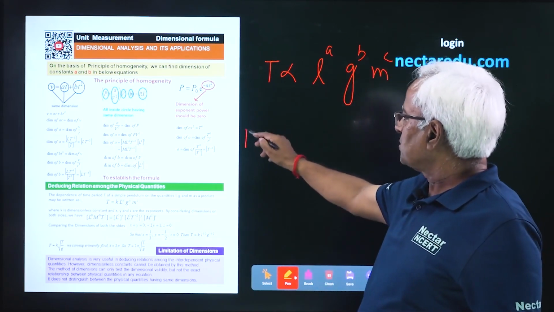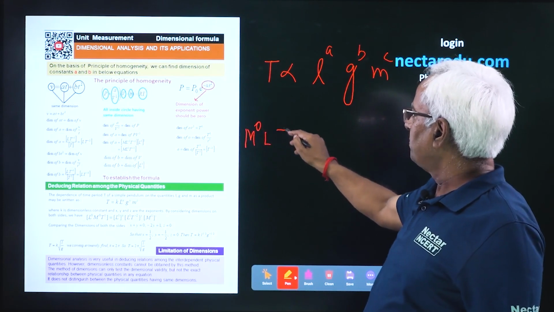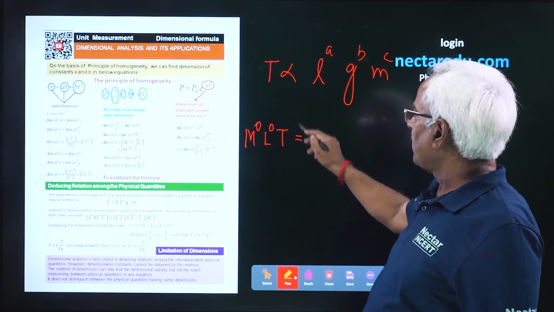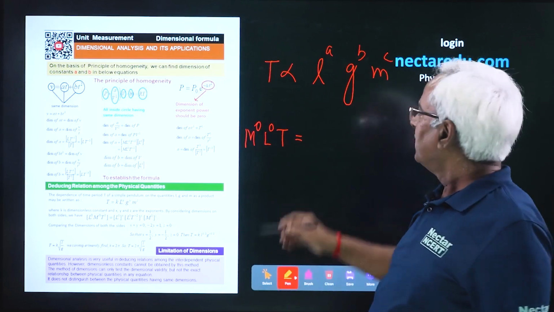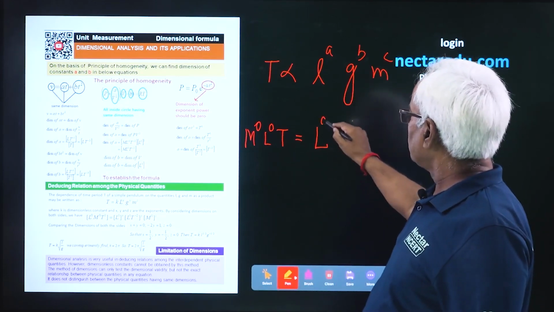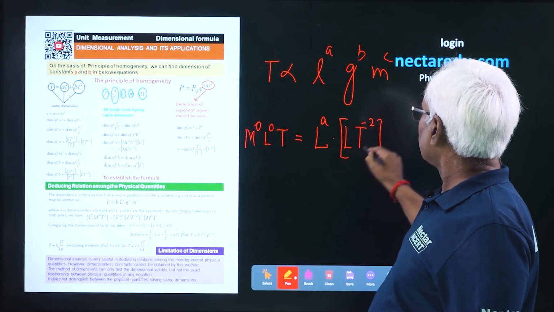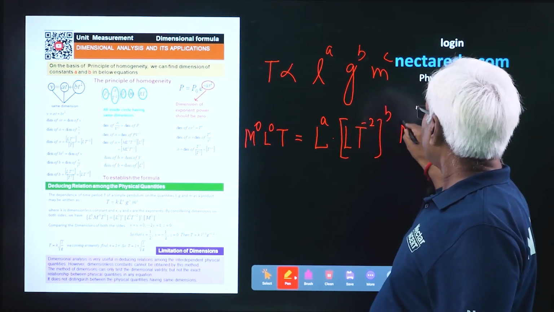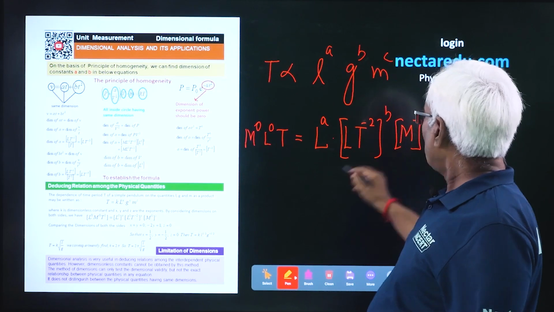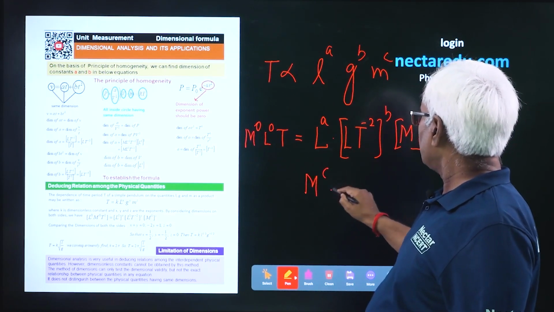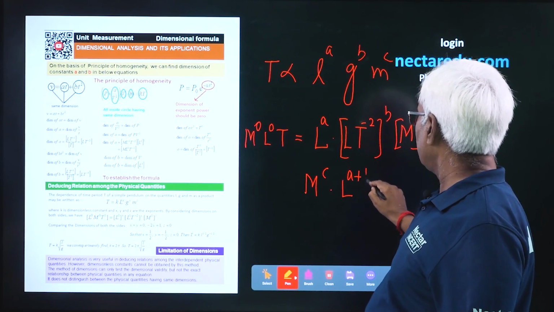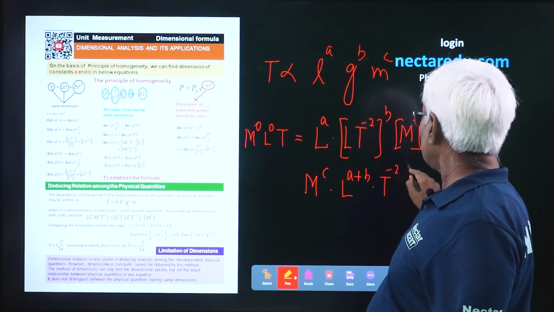Just take the dimension on both sides. You see, it's simply time, so it is going to have the dimension T only. And this side, it is L to the power a, g is LT^-2 to the power b, m to the power c. Overall, it becomes M^c L^(a+b) T^(-2b).